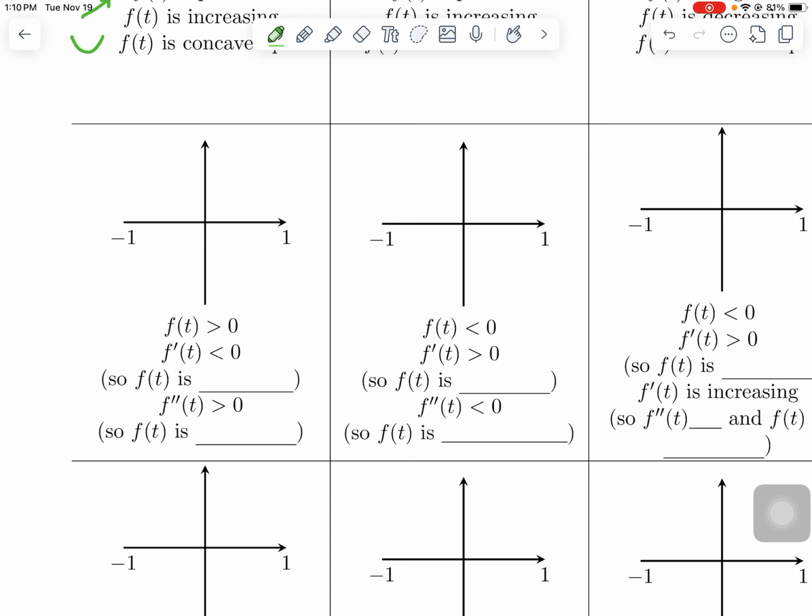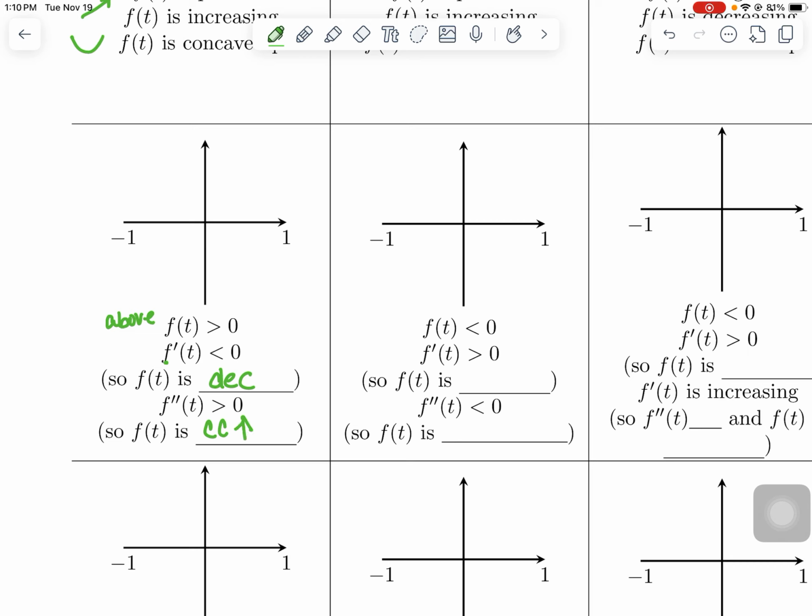And here's another one that's a little bit trickier. So f is greater than 0. That means above the x-axis. f prime is less than 0. So that means that f is decreasing. f double prime is greater than 0, so f is concave up.